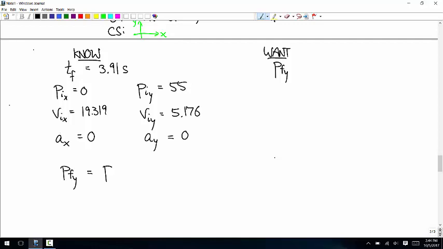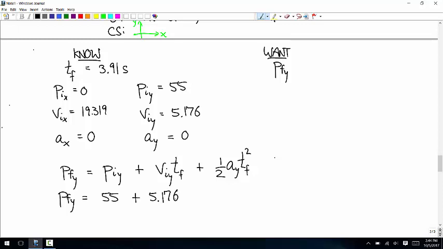PFY is equal to PIY plus VIY TF plus 1/2 AY TF squared. So PFY is equal to 55 plus 5.176 times 3.91, plus AY is 0, so that term is 0.